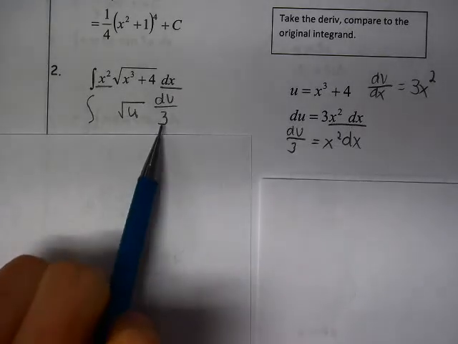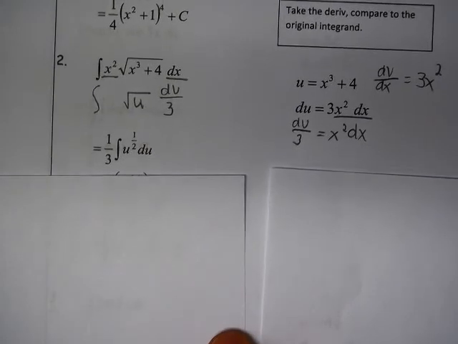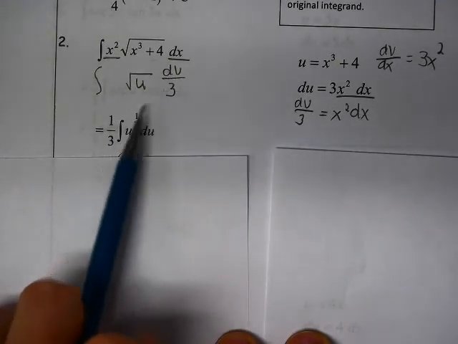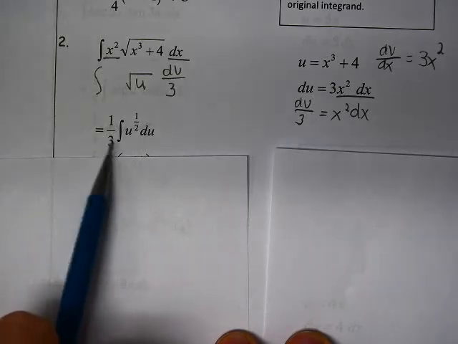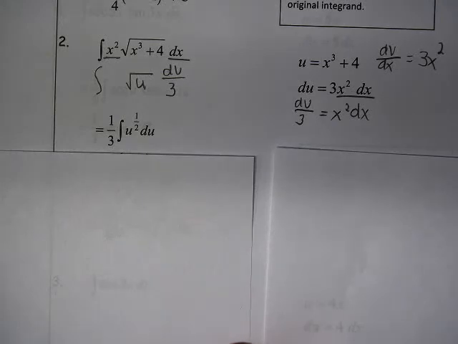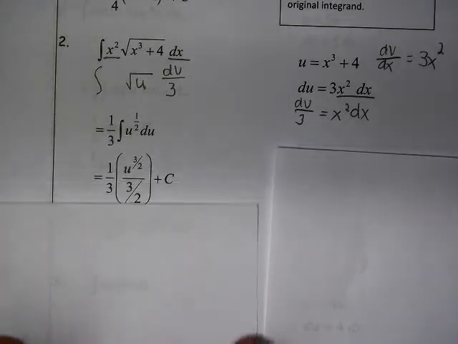Right? Now this is just a 1/3, and I can bring that out in front. So the 1/3 du, I can bring the 1/3 out of the integral. My u to the 1/2 du is still there as part of the integral. And now I can do my integration. So I add 1 to the exponent of u, divide by the new exponent.